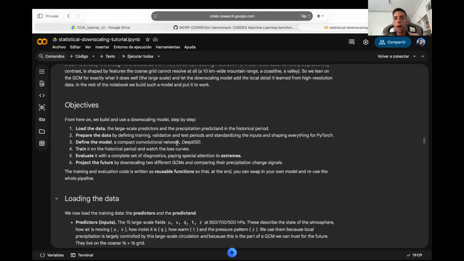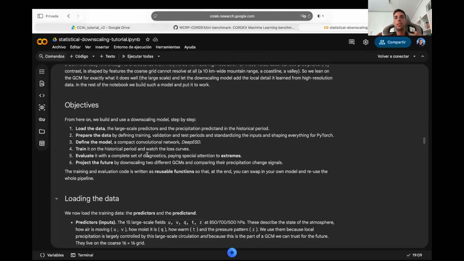We are going to define a simple deep learning model, DeepESD. I will talk about it later in a bit more detail. Then we will train in a historical period, because remember that we train the model on observational data, so we have to train the model in a historical period. And then we are going to evaluate.